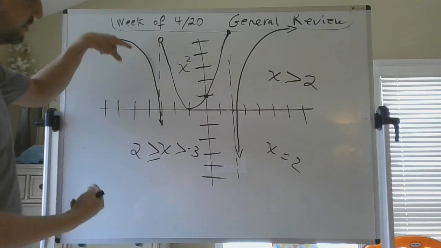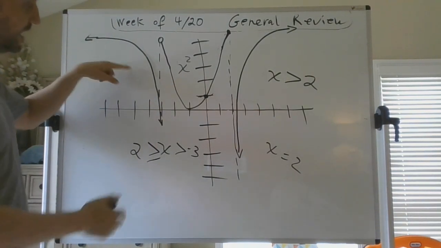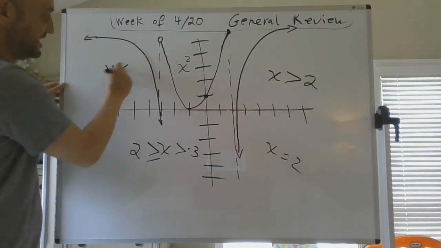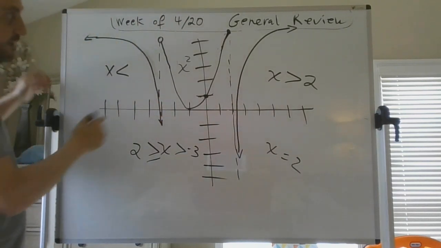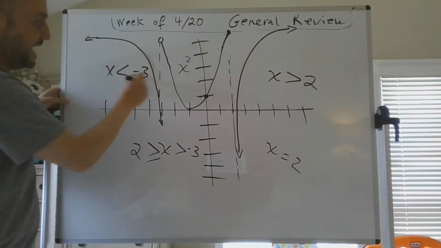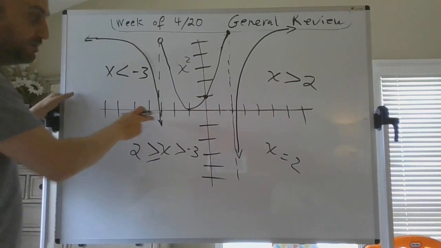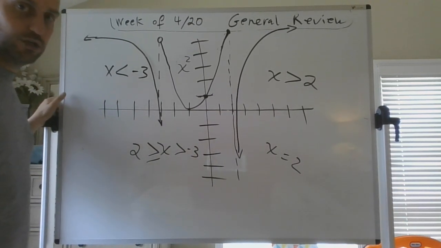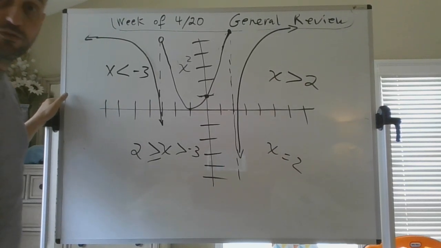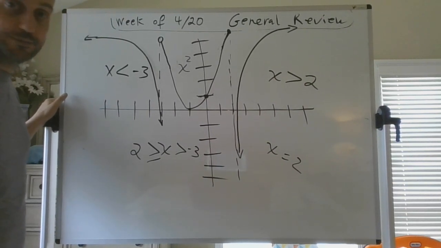For this guy right here, same thing, except the restriction is going to be x is less than -3, because it exists to the left of -3. Keep in mind that's an asymptote, so we cannot include -3 on this because it is an asymptote, okay?